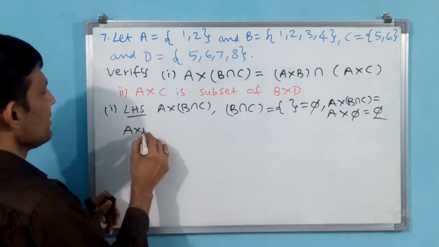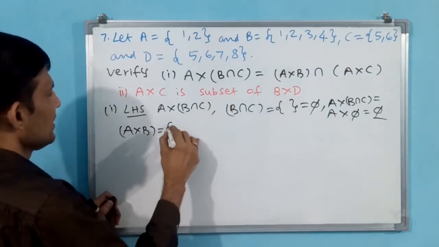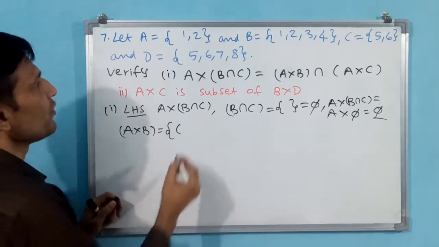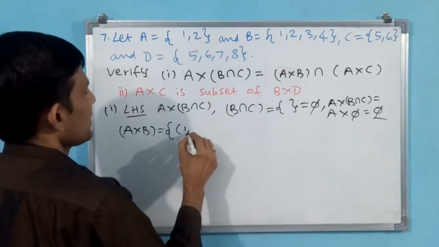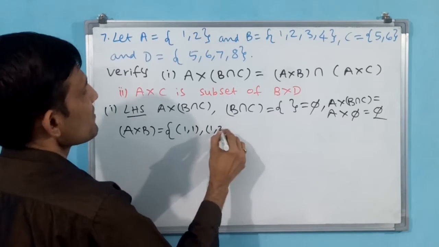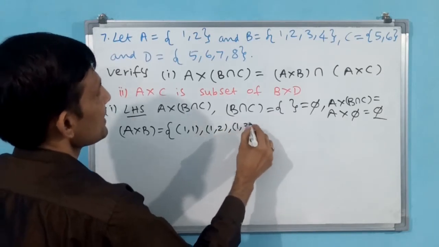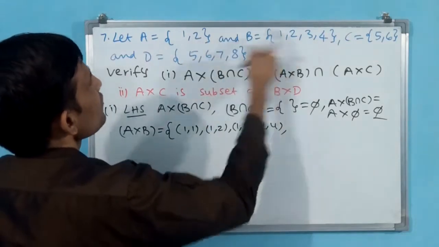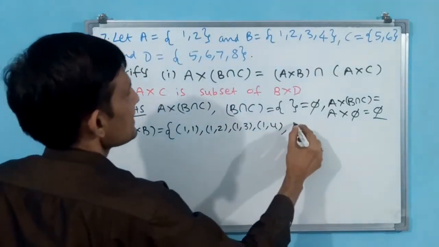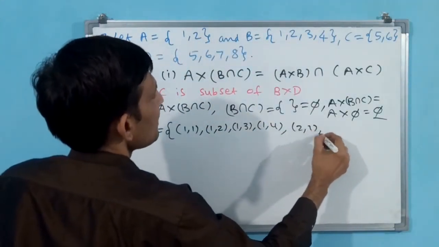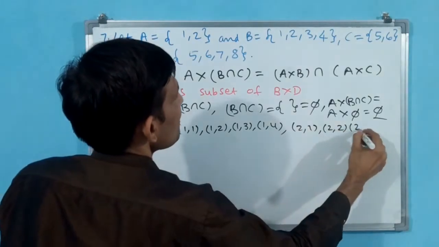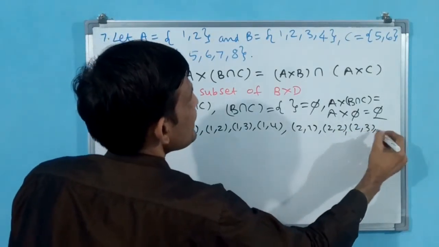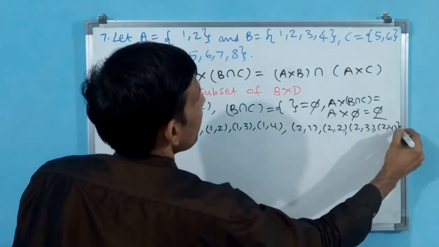A cross B. This we do: (1,1), (1,2), (1,3), (1,4), like this even (2,1), (2,2), (2,3), (2,4).